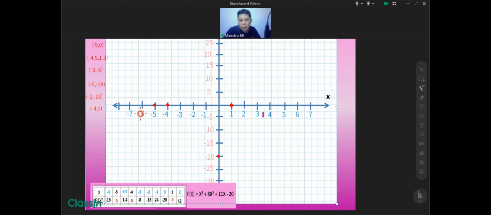Okay, and then let's plot now the other points. If we have negative 6, we have negative 18, so approximately this point. If negative 4.5 or negative 9 over 2 is 1.4 or 1.3. If negative 3, we have negative 8, approximately at this point. If negative 2, we have negative 18.